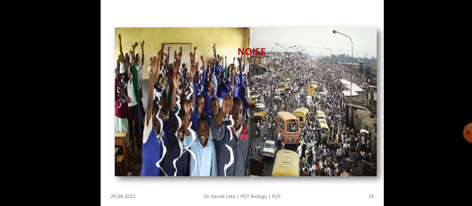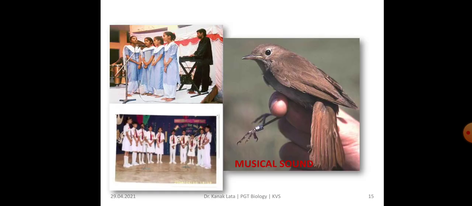This figure indicates noise. Here it is indicating musical sound. The students are singing a song. The bird is producing a beautiful sound which is very pleasant to our ears.